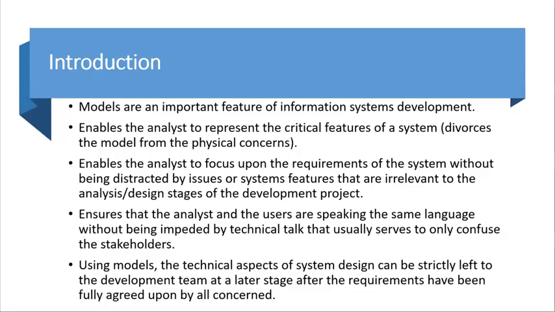In short, when we model a system, we are forced to ask, what exactly must this system do? What data must it keep? What must it produce? Meaning, what should it give to the environment? These are key questions. And this prevents us from being distracted by features that are not relevant at the analysis stage.